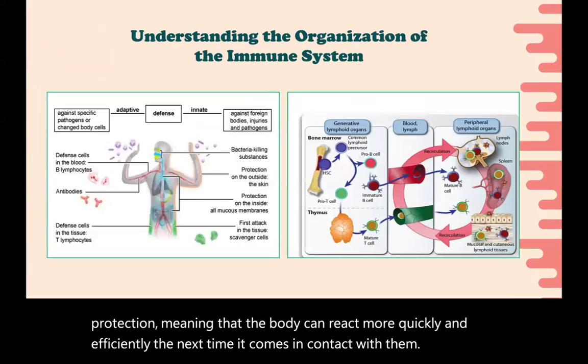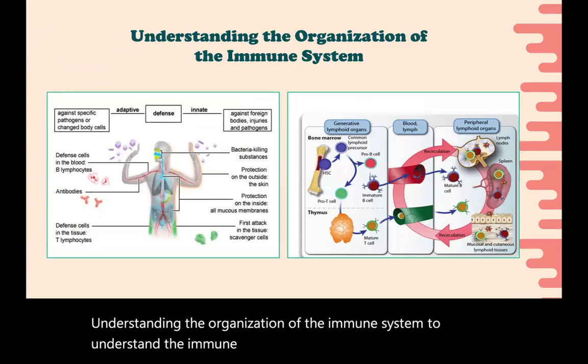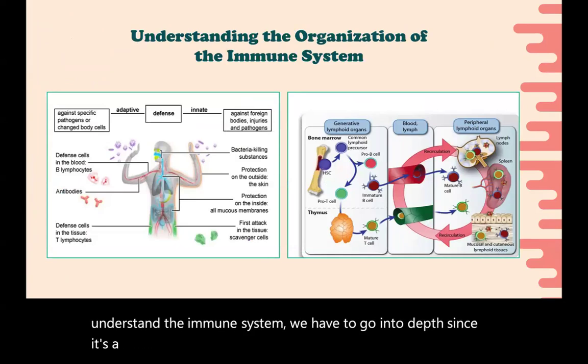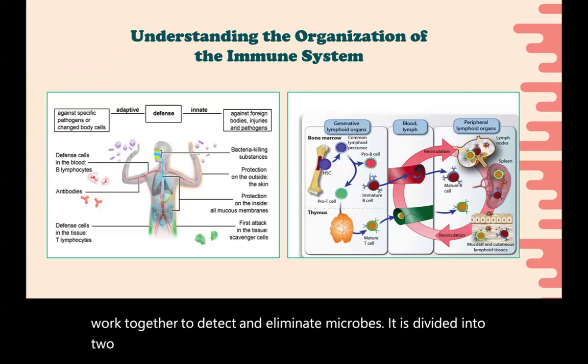Understanding the organization of the immune system. To understand the immune system, we have to go into depth since it's a complex network of cells, tissues, and organs that work together to detect and eliminate microbes. It is divided into two specific categories, known as innate and adaptive immunity.